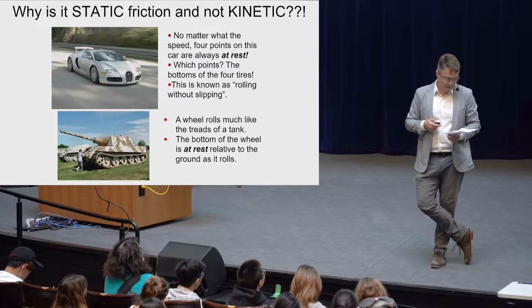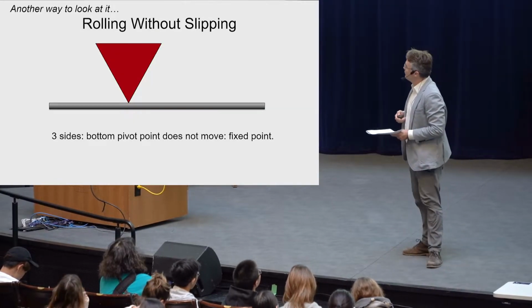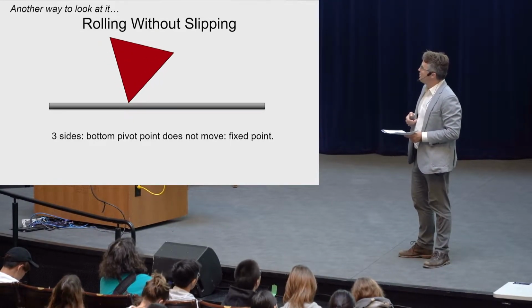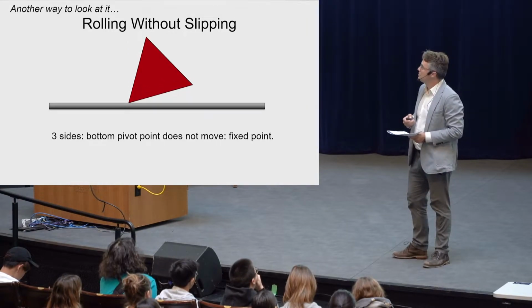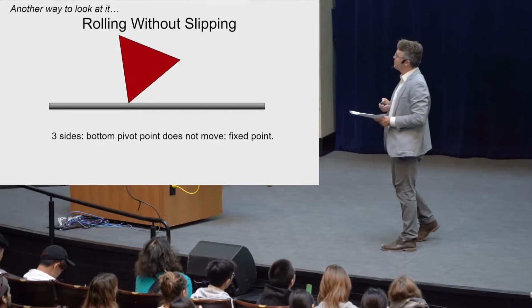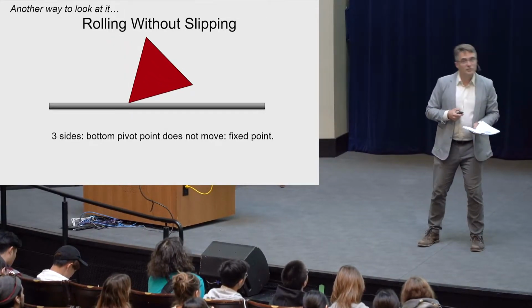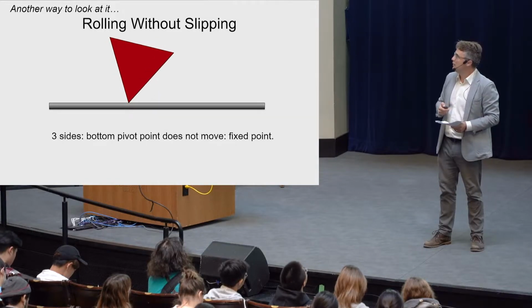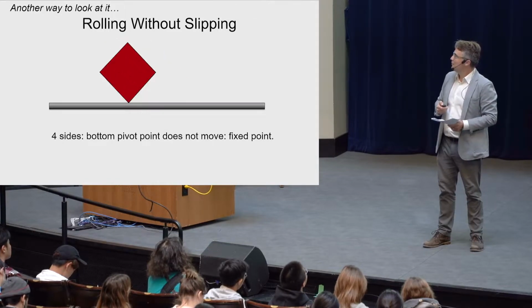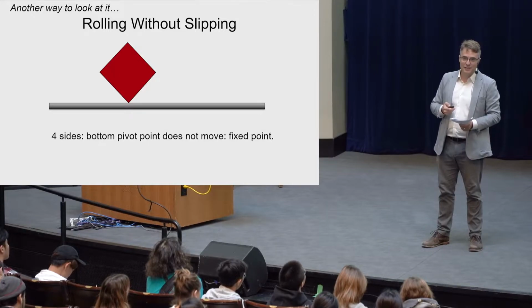Another way of thinking about it is this triangle. You can imagine rotating the triangle, and the bottom of the triangle is at rest. See? It's turning, but that point at the bottom of the triangle is not moving. So that's 3 sides. Well, what if you did 4 sides and rotated a square?